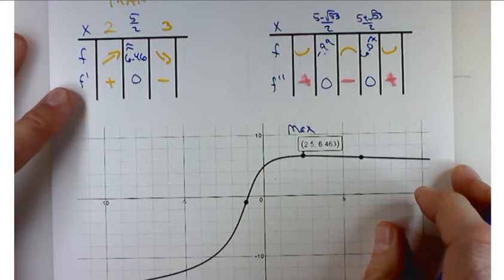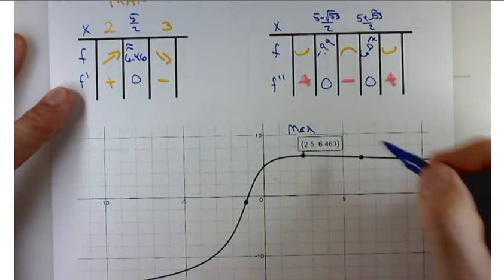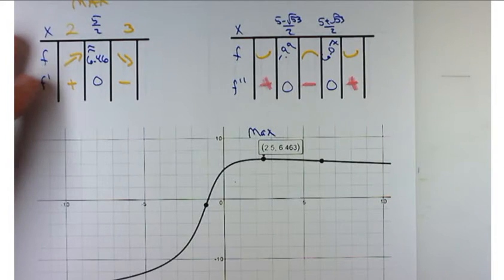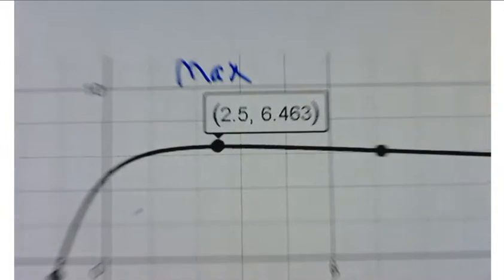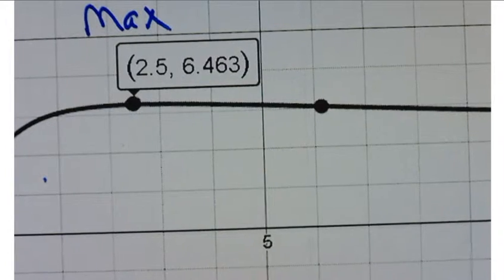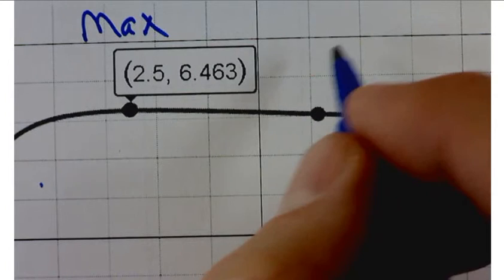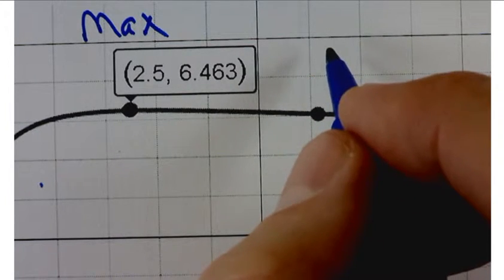This one out here, I defy anyone to figure that out without calculus. What's happening at this point here, which has coordinates of about 6.14 and 6.07?